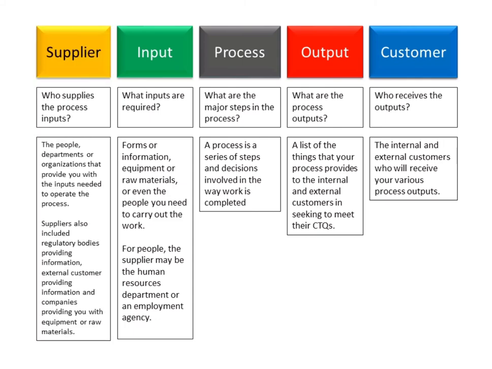Last but not least, supplier is the source of inputs into the process. Suppliers include the people, departments or organizations that provide you with the inputs needed to operate the process. Suppliers also include regulatory bodies providing information, external customers providing information, and companies providing you with equipment or raw materials.